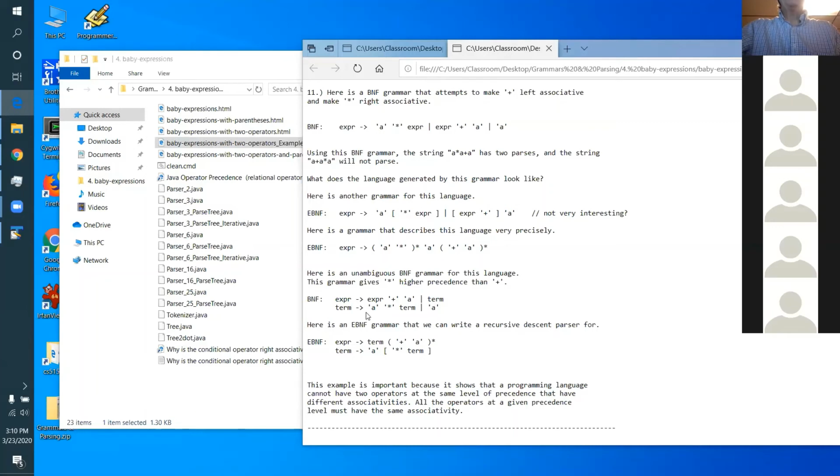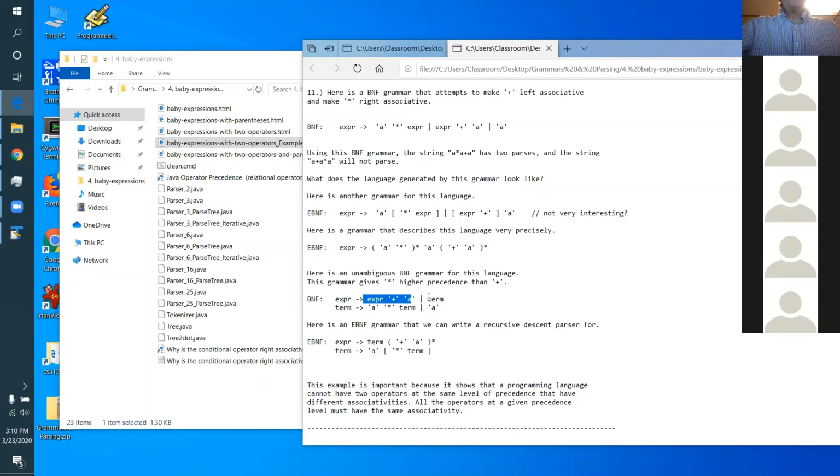If you take this grammar and rewrite it, here's an example of what the grammar can be rewritten to. So if you play around with this, notice expression is one of two things.